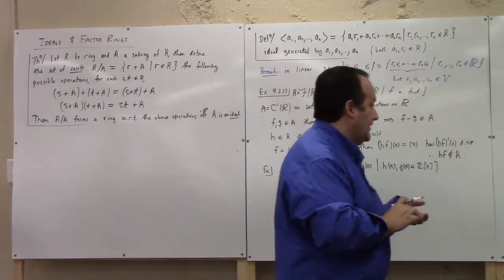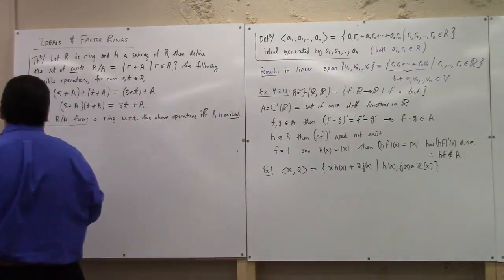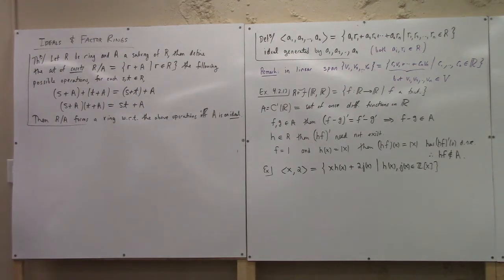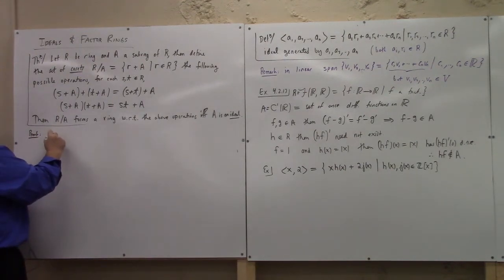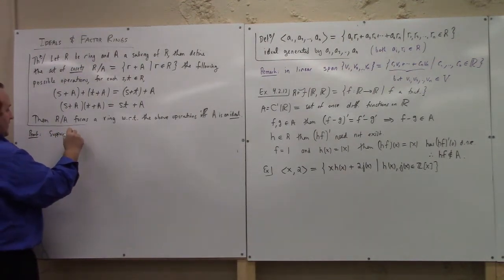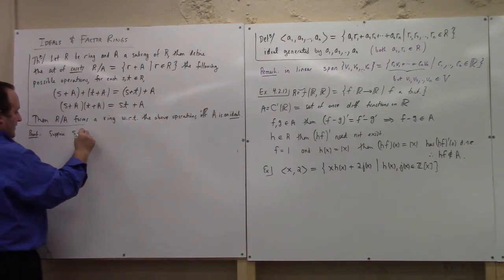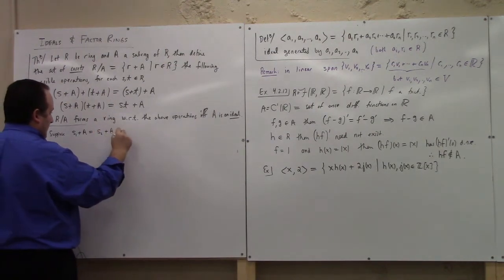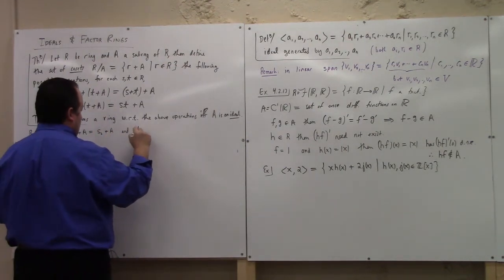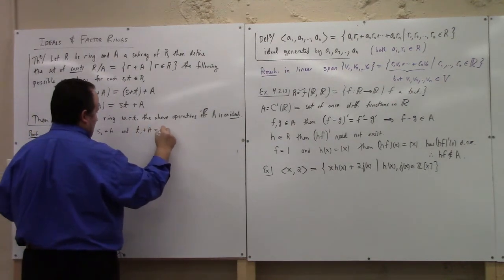All right, so anytime you claim something is an operation on a set of cosets, it begs the question of whether it is well defined, right? So the first thing we have to address is whether this is actually an operation. So the proof goes in a few stages. Suppose that S1 plus A is equal to S2 plus A, and T1 plus A is equal to T2 plus A, right?